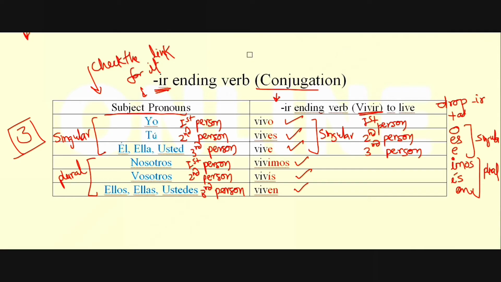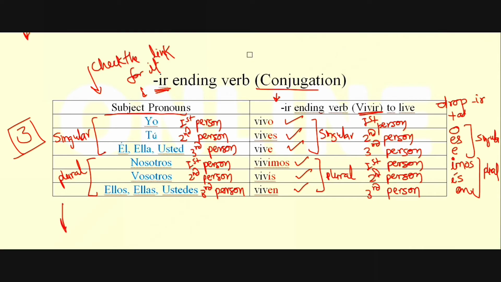Last three are plural: vivimos, first person plural; vivís with accent, second person plural; viven, third person plural. We have accent on vivís, on I.